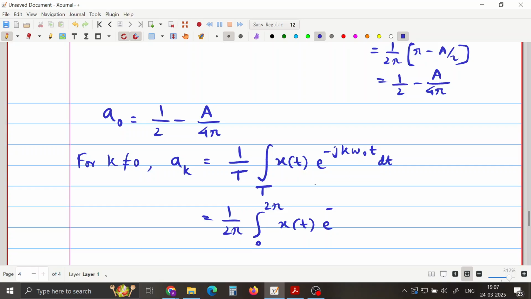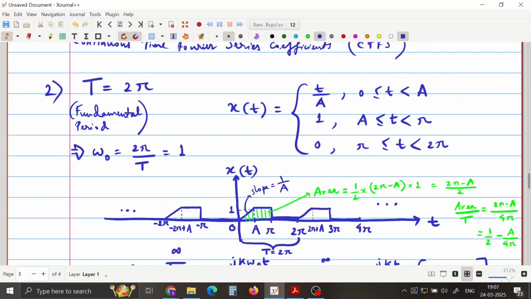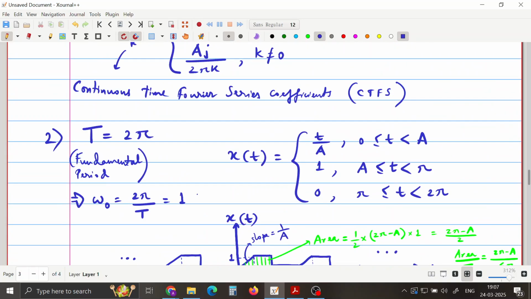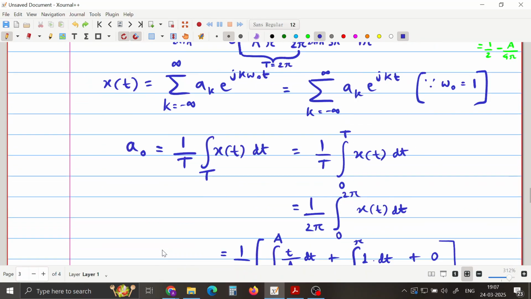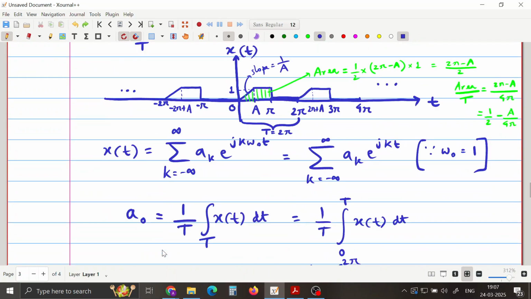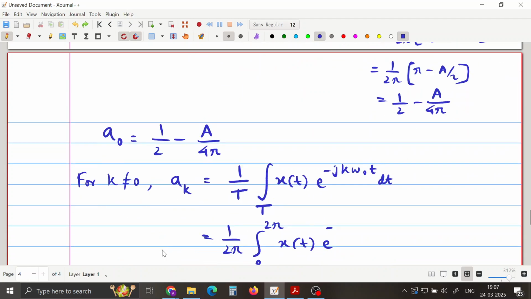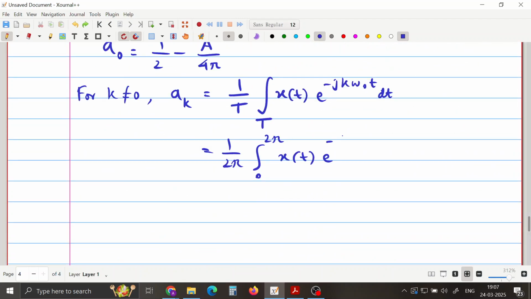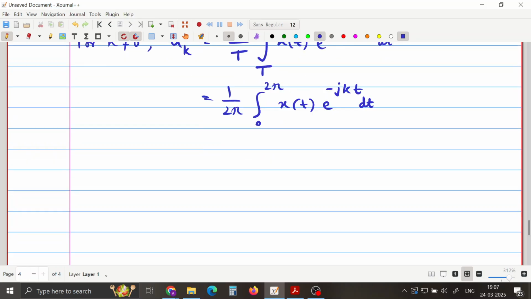Now what about omega naught? Omega naught is 1 in our case because T is 2 pi. We had already calculated those things. So this is minus j k t dt, and this is 1 by 2 pi.